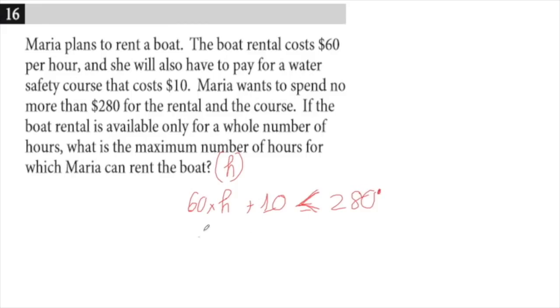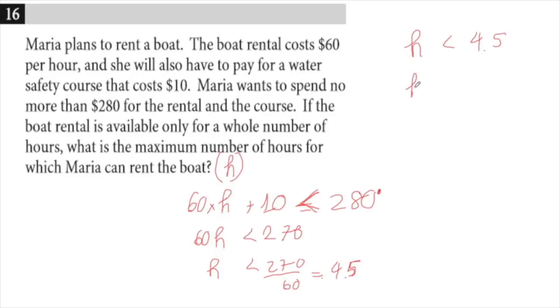So solve this inequality. 27 minus 24 is 3, divided by 6 equals 0.5. So h is less than or equal to 4.5, and h is a whole number, so the maximum value is h equals 4.